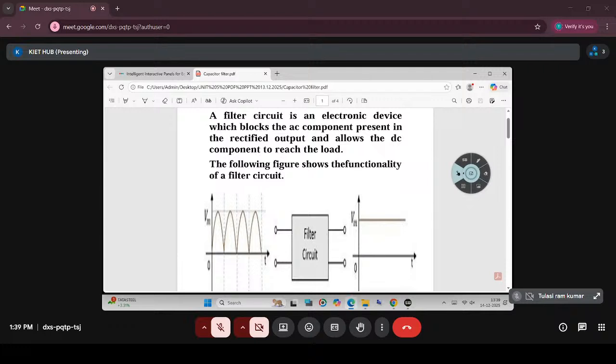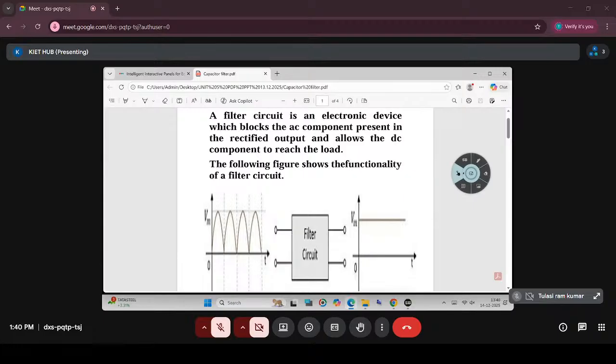I told you, we have 4 types of filters: inductor filter, capacitor filter, inductor capacitor filter, capacitor inductor capacitor filter. So these are the 4.